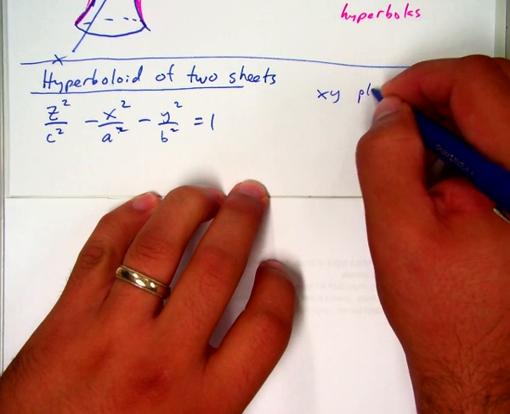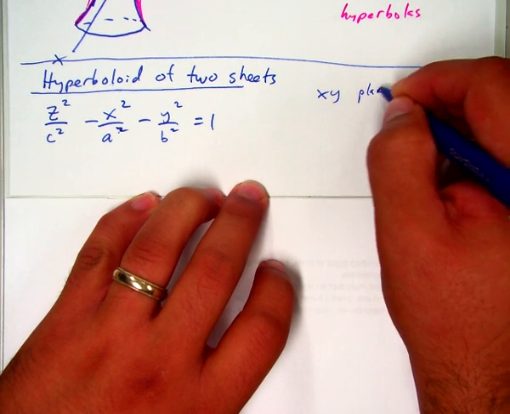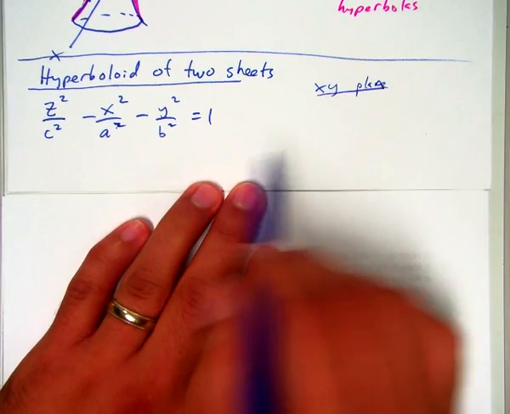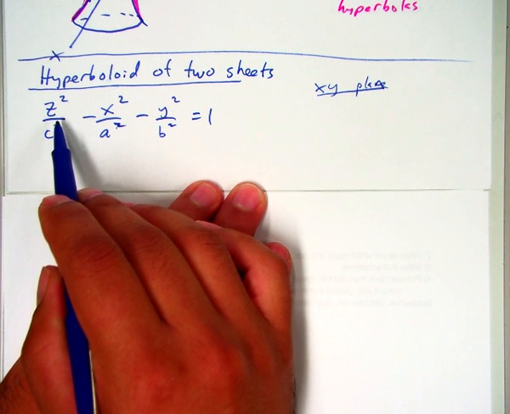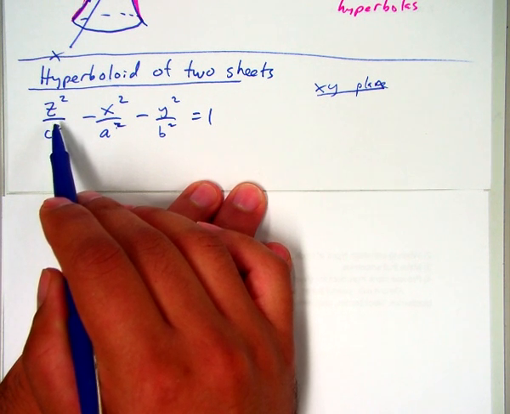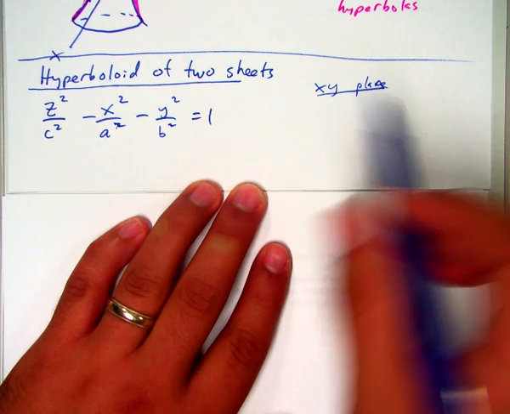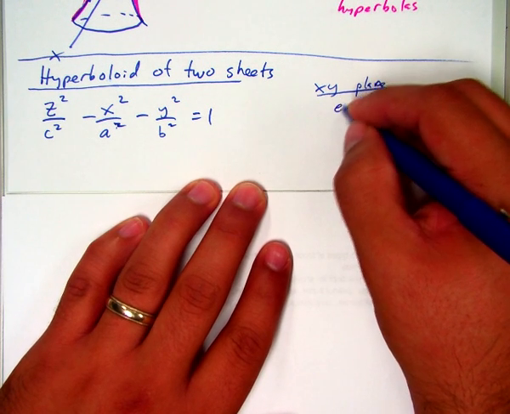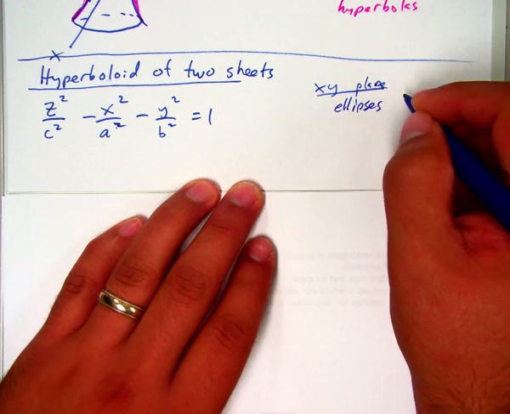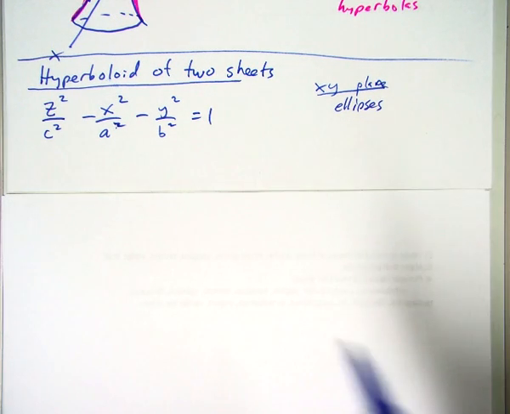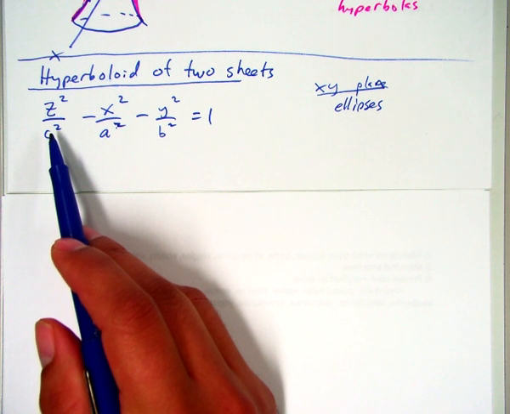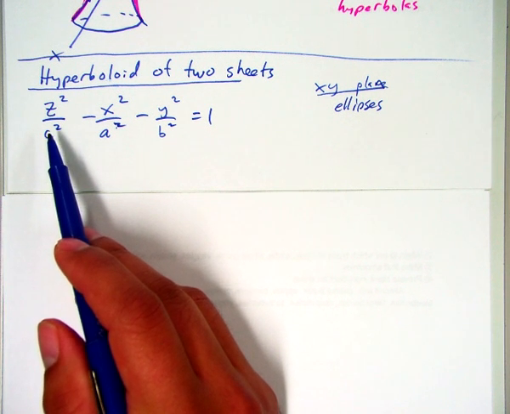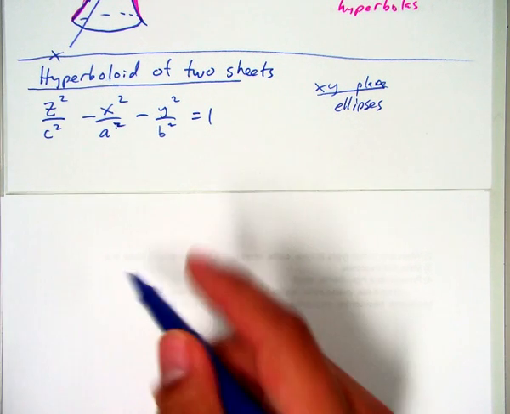And again, if you think traces, if you plug in some constants for z, so we get either the xy plane or planes that are parallel to it, you're going to get an ellipse, but there's going to be a disconnect because for certain values of z, you wouldn't actually get an equation that you can graph.